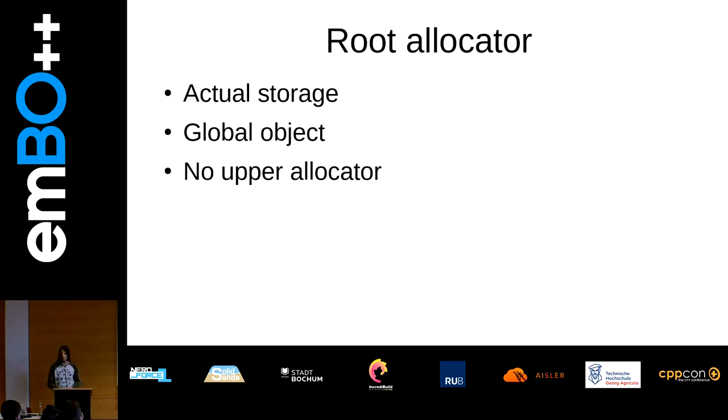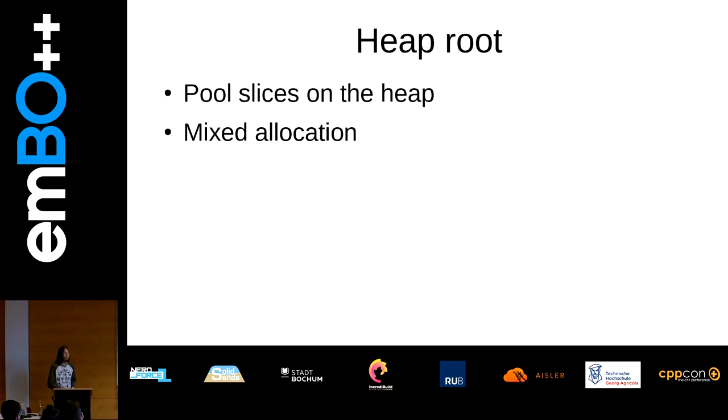You could also do something funny with the root, and that is you can have the root be a heap allocator. So you can use the operating system heap to allocate these pools or pool segments, and that way you can still save some memory while using the entirety of your operating system memory, basically. That also means you're basically putting the system allocator out of business.